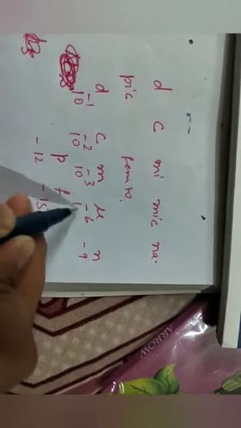So there will be -1, -2, -3, -6, -9, -12, -15. That will be reversed. You write 10 to the power, you just add the minus. So this is the formula.